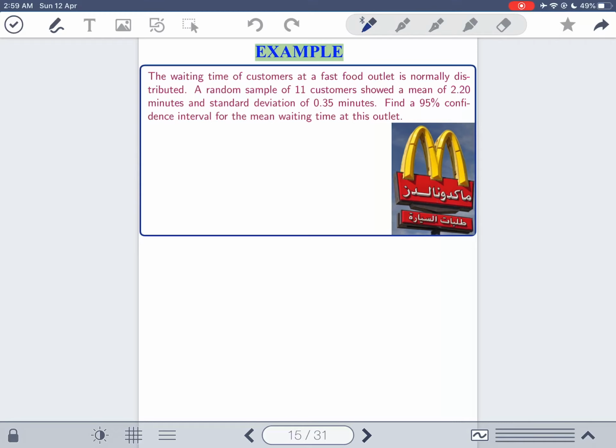So it says the waiting time of customers at a fast food outlet is normally distributed. From the beginning we are happy because this is normal distribution, so we know that we are safe now. So a random sample of 11 customers, so our sample has 11 customers, showed a mean of 2.2 minutes. So the mean here, x bar, that's the sample mean, of course, is 2.20 minutes, and a standard deviation of 0.35 minutes.